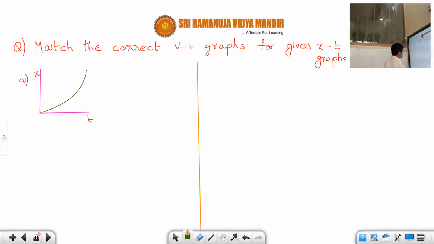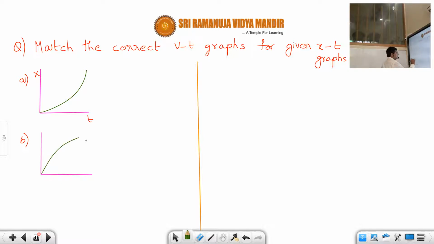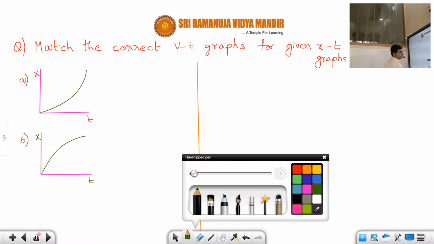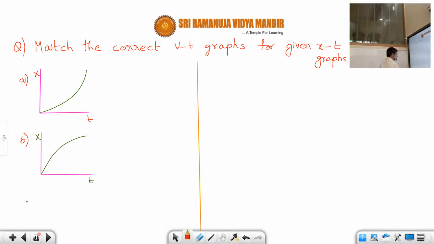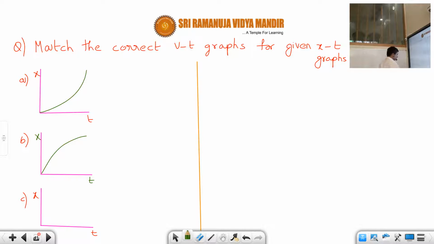Next one, B. The B xt graph is like this. This is x, this is t. Next, C. This is x and this is t. Now let us say the shape of the third xt graph is like this.